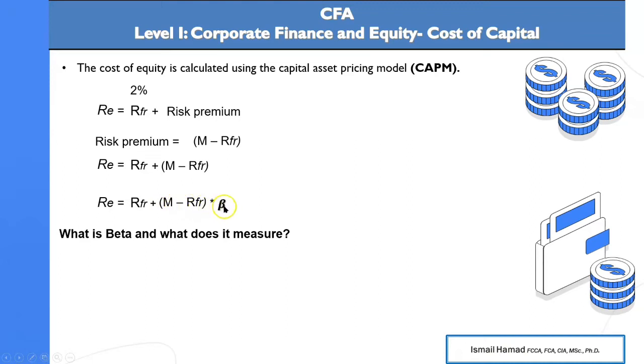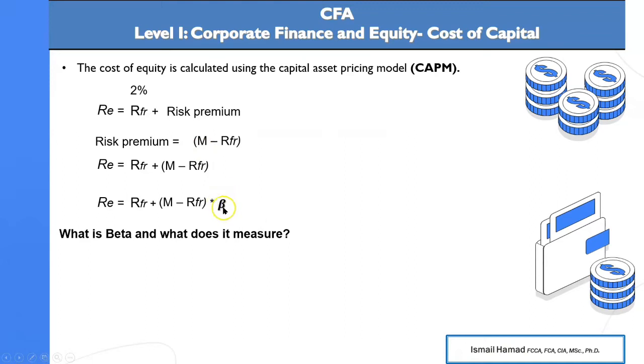It will be, let us say, 0.7. 0.7 times 8% in our example will give 5.6. 5.6 plus 2 will give 7.6, not the 10% market value which we assumed.